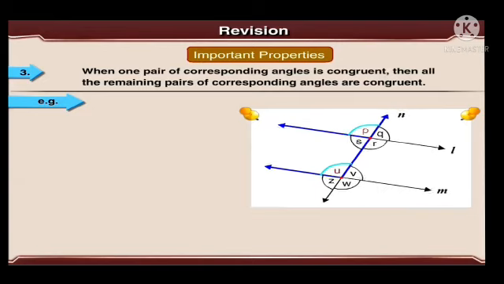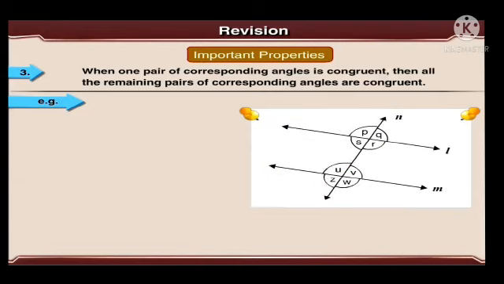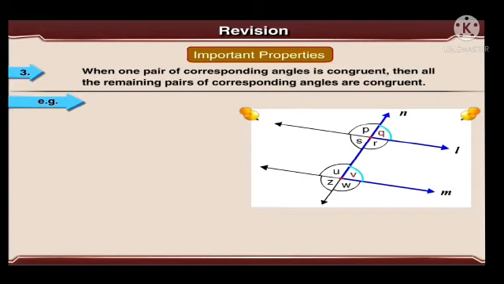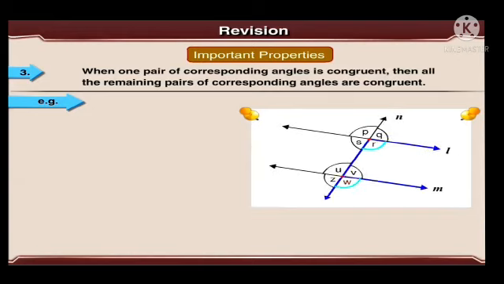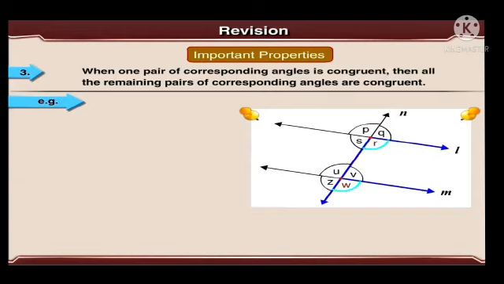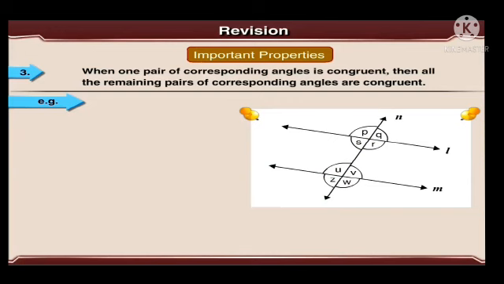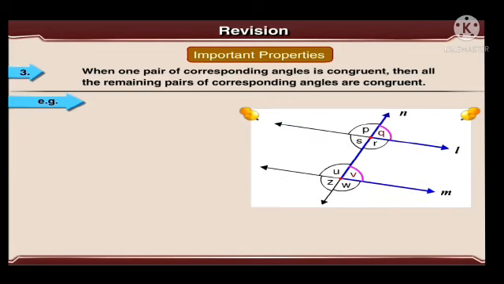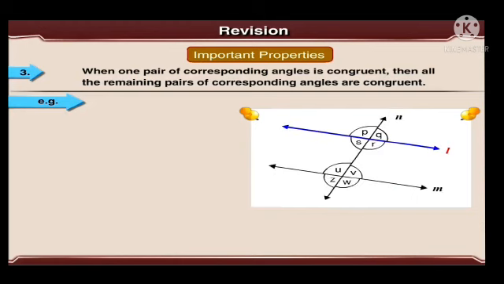Here, angle Q is congruent to angle V, angle R is congruent to angle W, angle P is congruent to angle Z, and angle S is congruent to angle U. Here, what can you say about the lines L and M? The lines L and M are parallel lines.